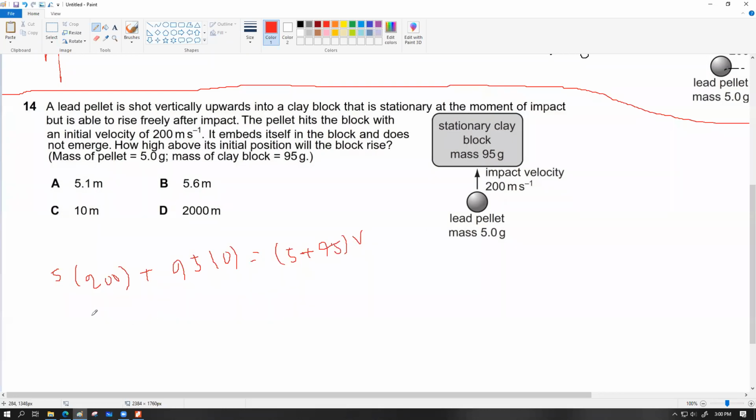What will be the value of this V? Give me this number. 10. Yes, exactly. So the final velocity is 10 meters per second.